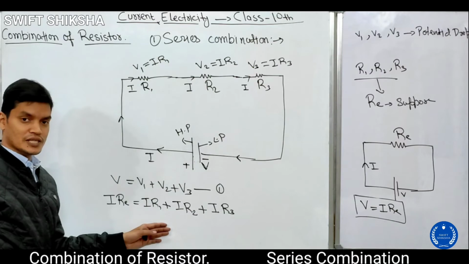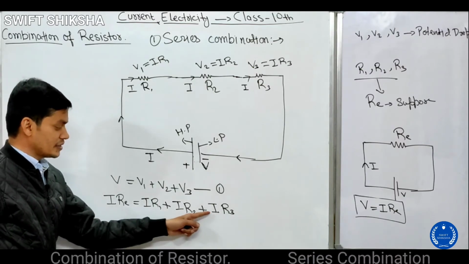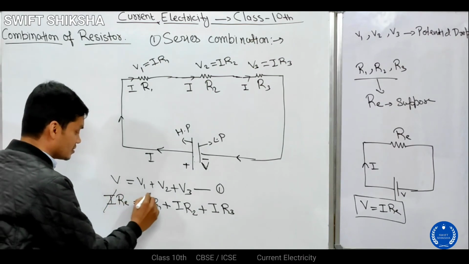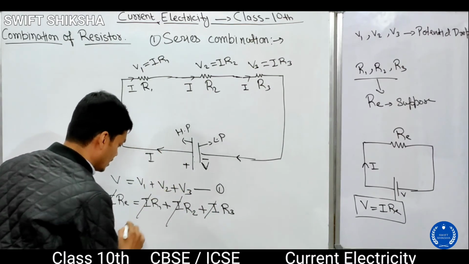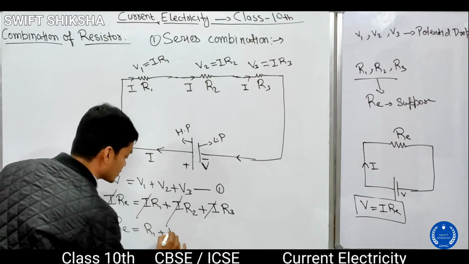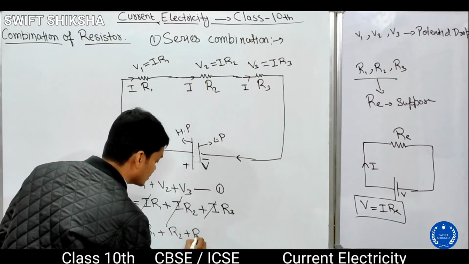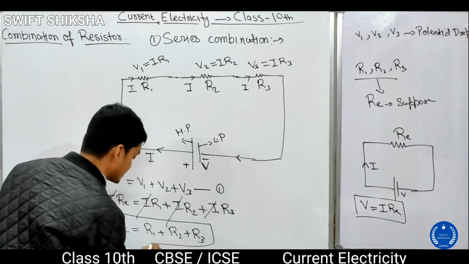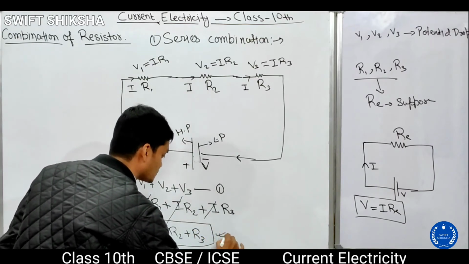There is a common term. Which is the common term? Current. I is the common term, so it is cancelled. The left equation is RE is equal to R1 plus R2 plus R3. This is your series combination formula. Clear?